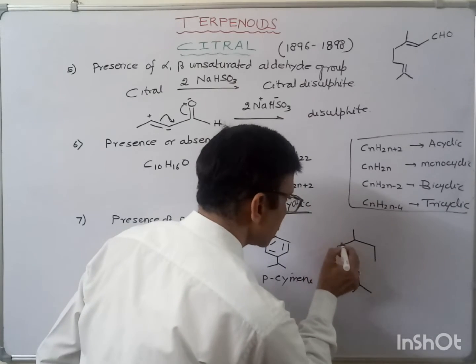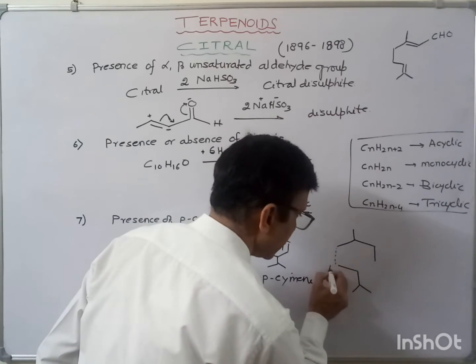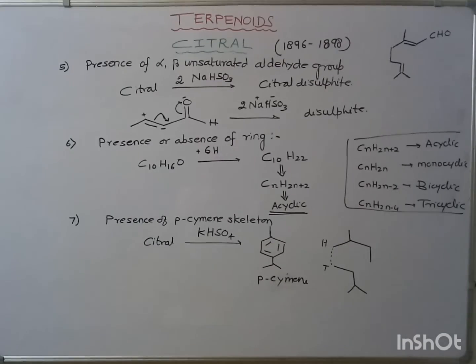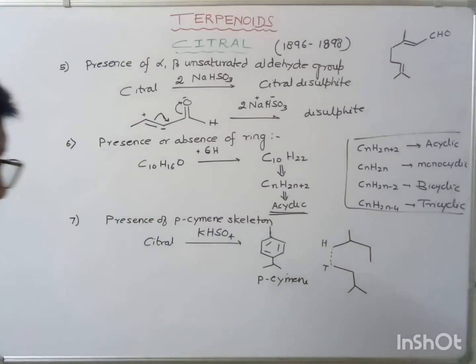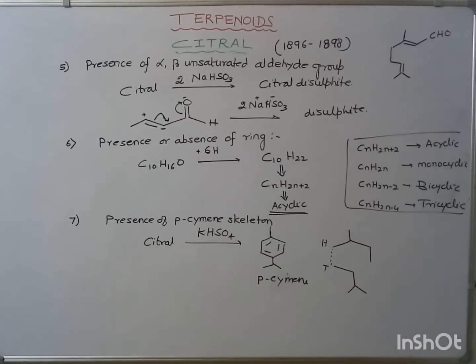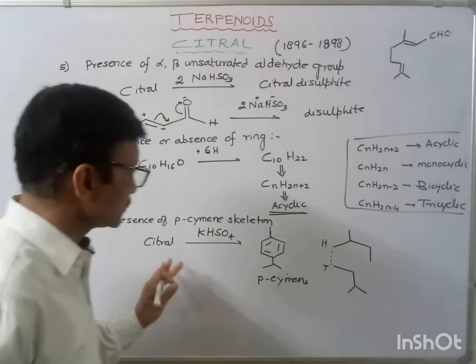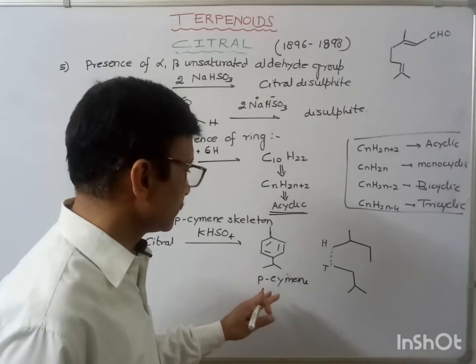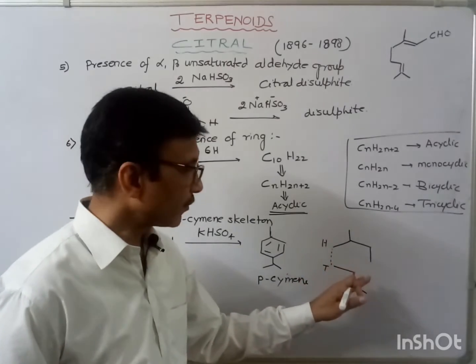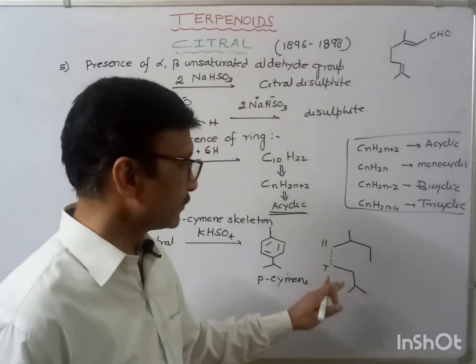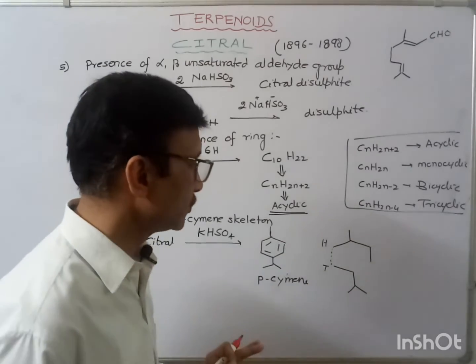This is our tail, and this is the head. This skeleton is made up of 2 isoprene units which are joined in a head to tail fashion.